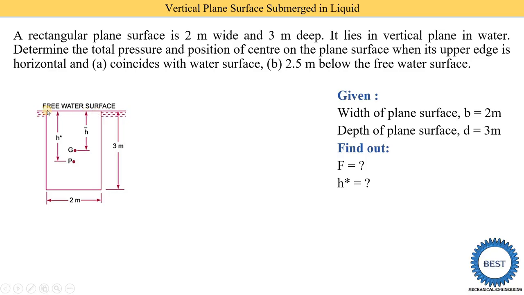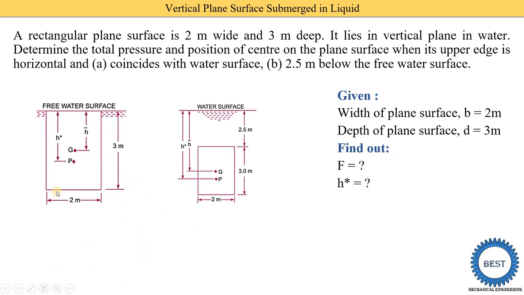Here we see this is the free water surface and this vertical surface is also at the same level of the water. Here this width is 2 meter and the depth is 3 meters. This is the G point, means the CG point, and P is the center of pressure point. So here we need to find this h star, and we also need to calculate h bar, which is the center point of this rectangle.